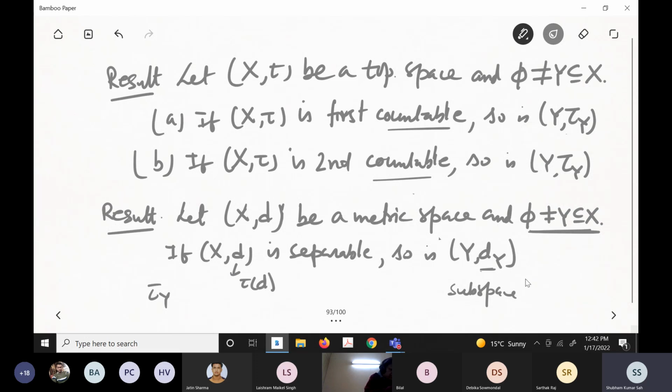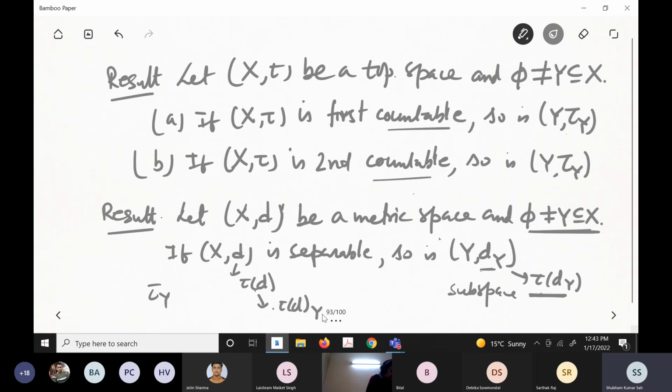Listen to me very carefully. Here the metric will give you a topology tau_dY. But if you go for the subspace topology, then by my notation it will be tau_Y. Now look, apparently I am getting two topologies on Y: the topology induced by d_Y, the metric restricted to Y, and the subspace topology.